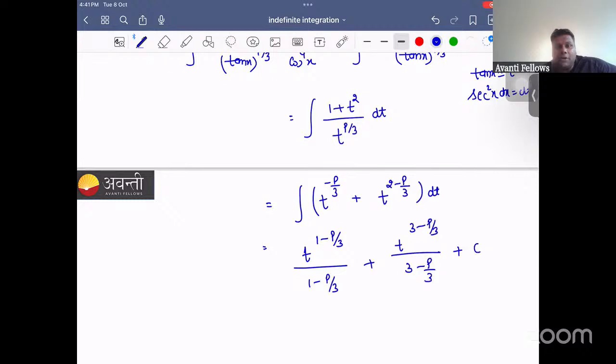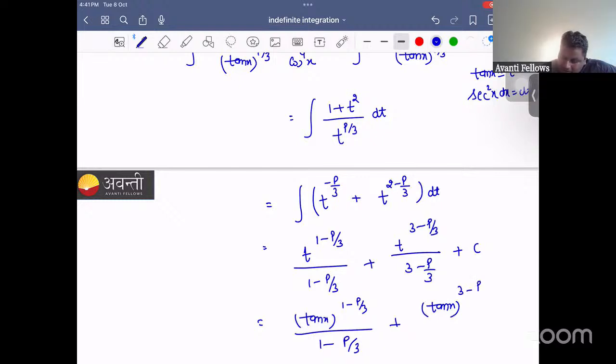And your t is what? t is your tan x. So it is tan x to the power 1 minus p by 3 upon 1 minus p by 3 plus tan x raised to the power 3 minus p by 3 upon 3 minus p by 3 plus constant.